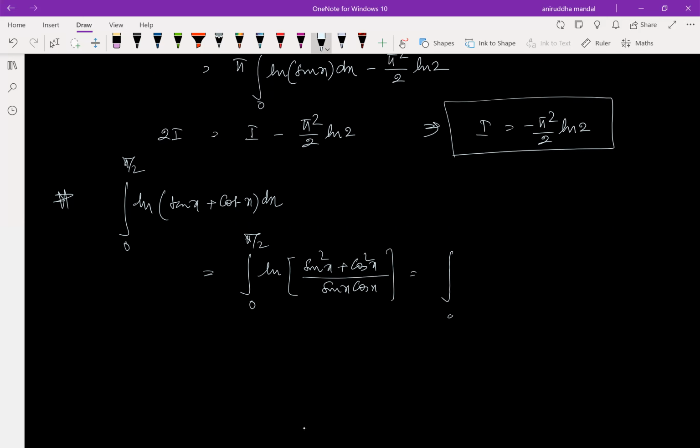Okay, so 0 to pi by 2, this is ln 1 by 2 sine x. So we multiply it by 2 and this is sine 2x.